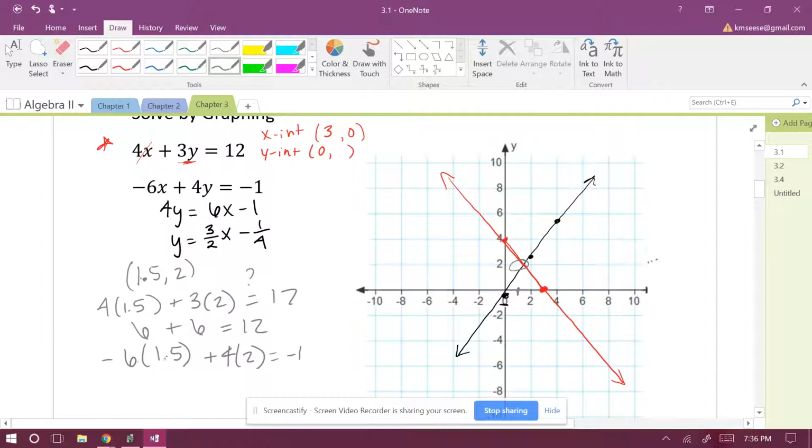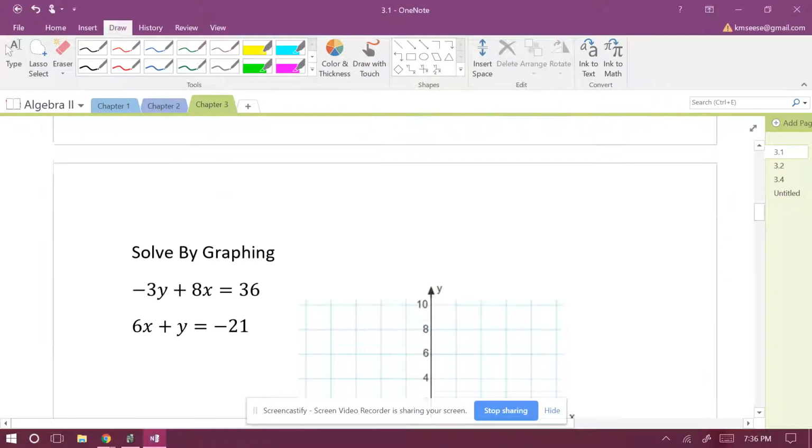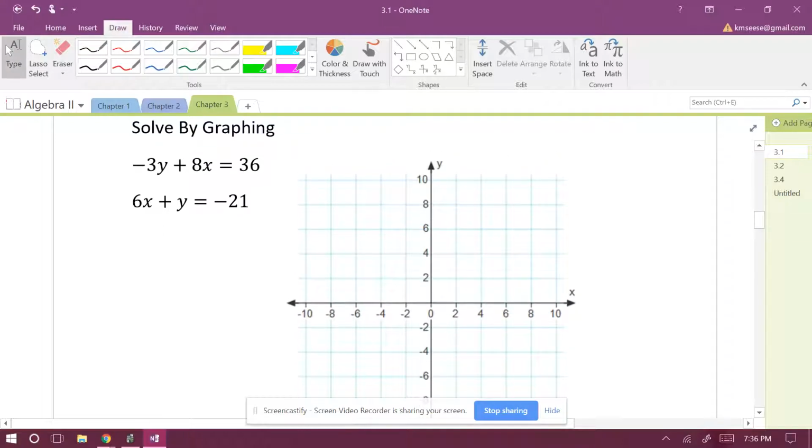Negative 6 times 1.5 is negative 9, plus 8. Yes, I get negative 1, so it works for both of them. So my solution here is the ordered pair (1.5, 2). And this is where it gets tricky to do by hand. How do I know that's exactly 1.5? It's not always easy to graph by hand.